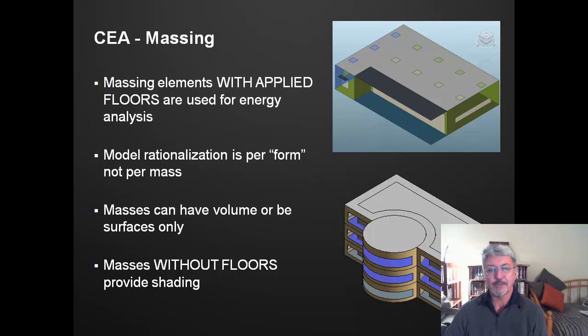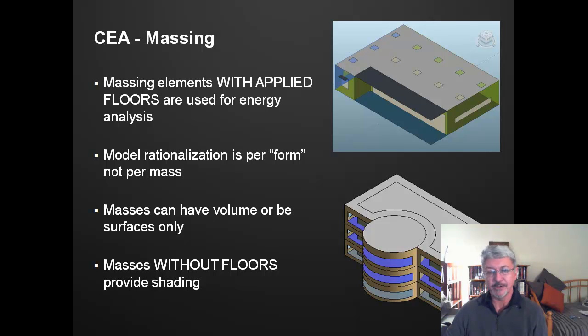But you do have the option, because the model is rationalized per form, of creating more complex buildings. And you could do this on the illustration on the bottom right by having, say, a cylindrical form and a box form, and you can customize those independent of each other, and would create them where you think, okay, I have different zones in the building.